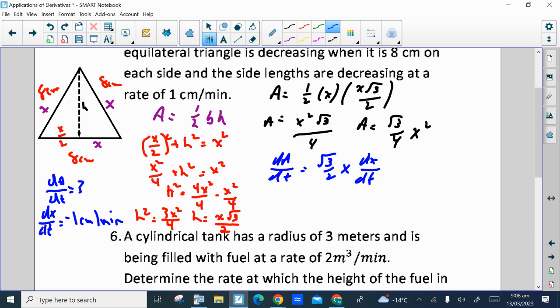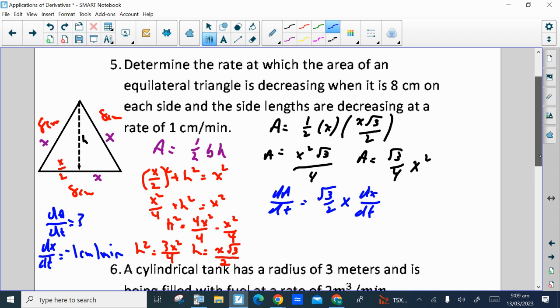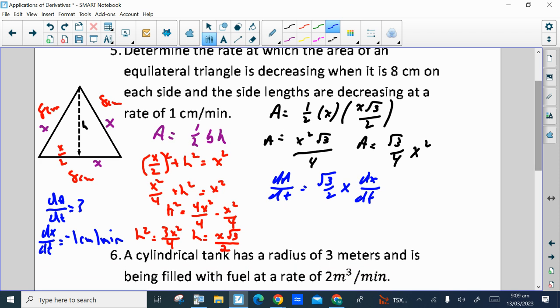Okay, we are given that. Also, x, we're given that as well. That is 8, right? x is the base of the triangle. Or, I'm sorry, that was dx by dt. So I labeled this wrong. 8 is actually the rate of change.